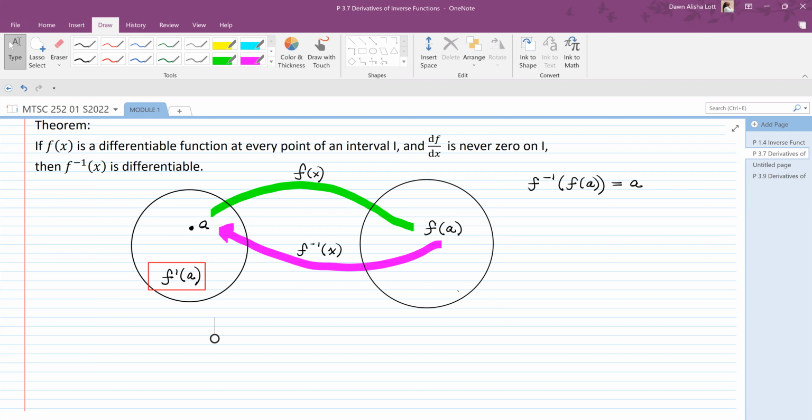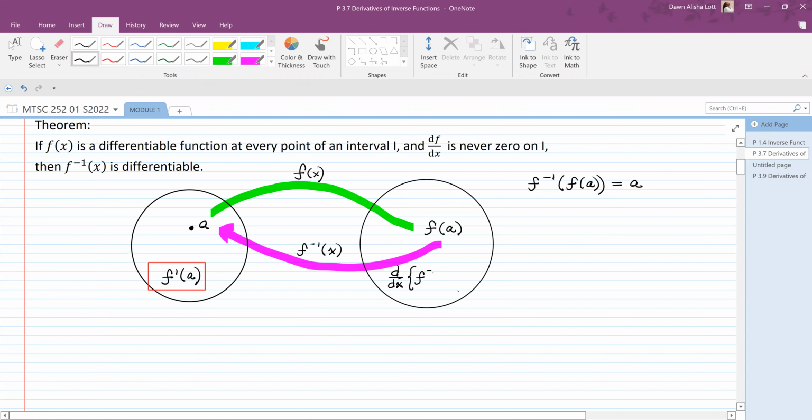All right, so that's what we want to know. So over here, we want to find the derivative of f inverse at the point over here, which is f of A, because f of A is over here. So now I want to find that value.